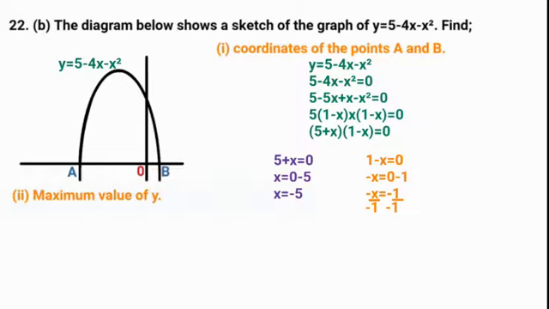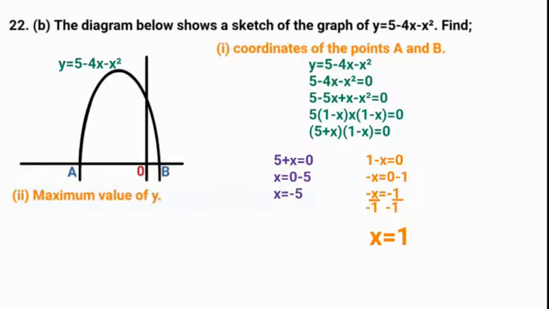Negative x divided by negative 1 will give us x. Negative 1 divided by negative 1 will give us 1. So the value of x when 1 minus x is equal to 0 is 1.